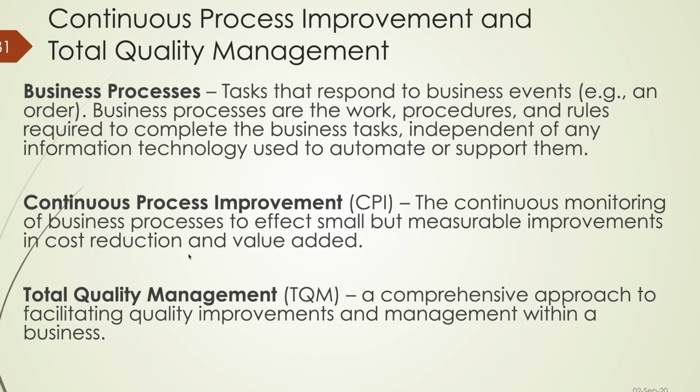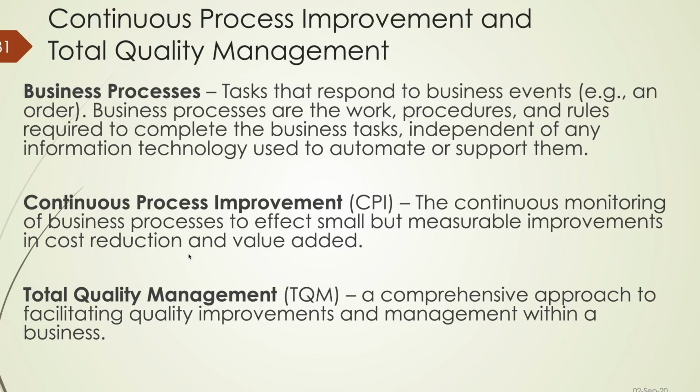Quality management emerged as one of the outcomes that has impacted software engineering. So we know about business processes, we know about continuous process improvement and total quality management. So what is a business process? Tasks that respond to business events.